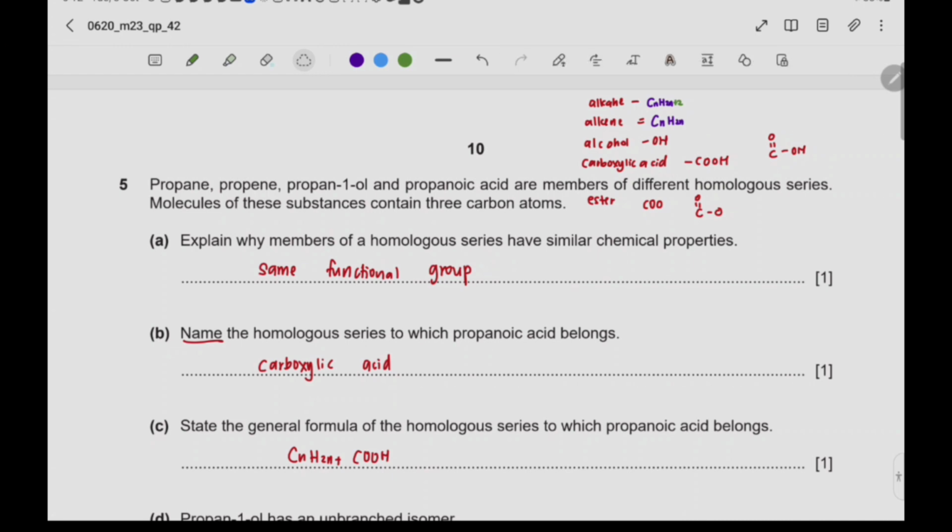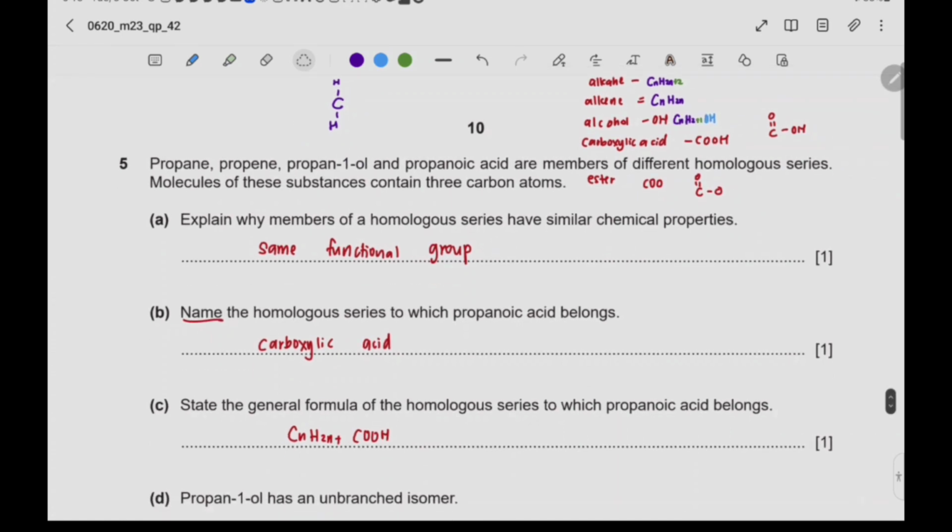Alcohol is also very simple. 1 carbon, definitely 2 hydrogens, so CnH2n. Then add 1 H, so plus 1, and another one, OH. You need to understand the concept, then everything is very simple.